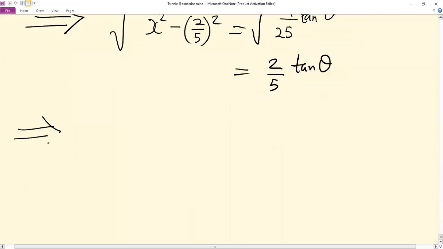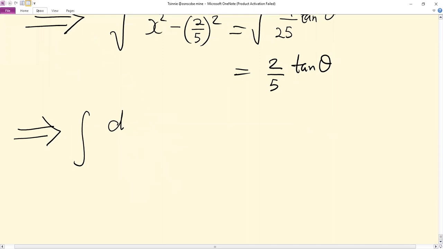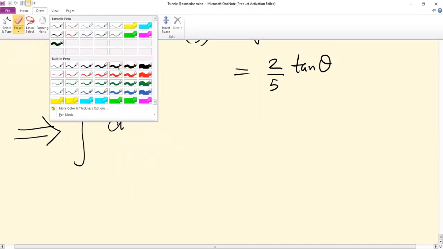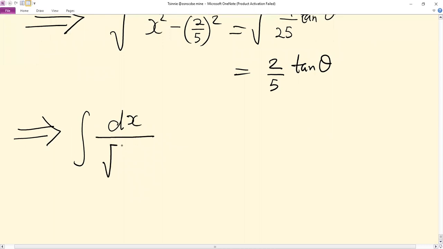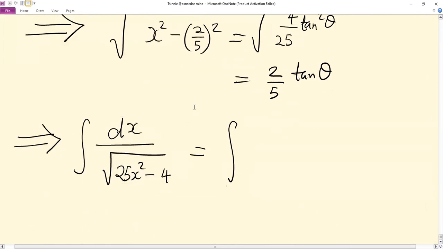So this now implies that the integral of dx over the square root of 25x squared minus 4 is the integral. Now dx, remember, we have already calculated: 2 over 5 sec theta tan theta d theta.